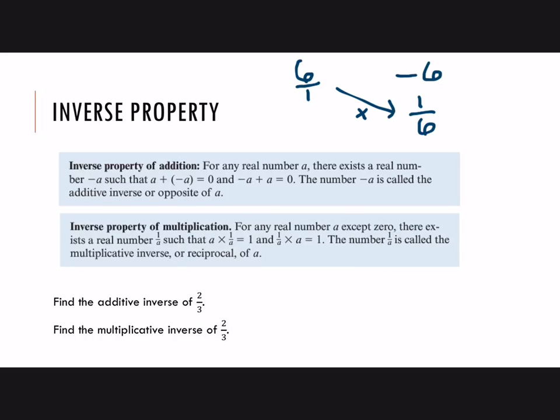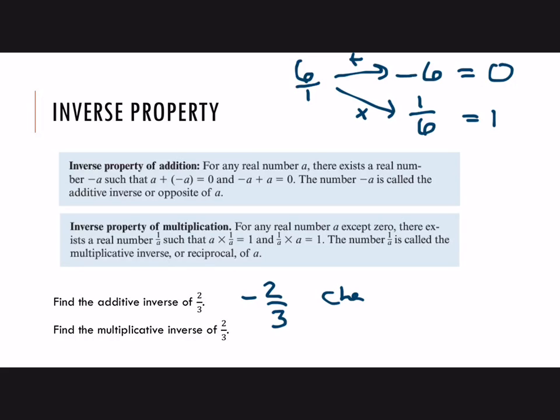So multiply to get 1, and add inverses to get the additive identity, which is 0. What about 2/3? What's the additive inverse of 2/3? Well, it's the opposite. It's negative 2/3.